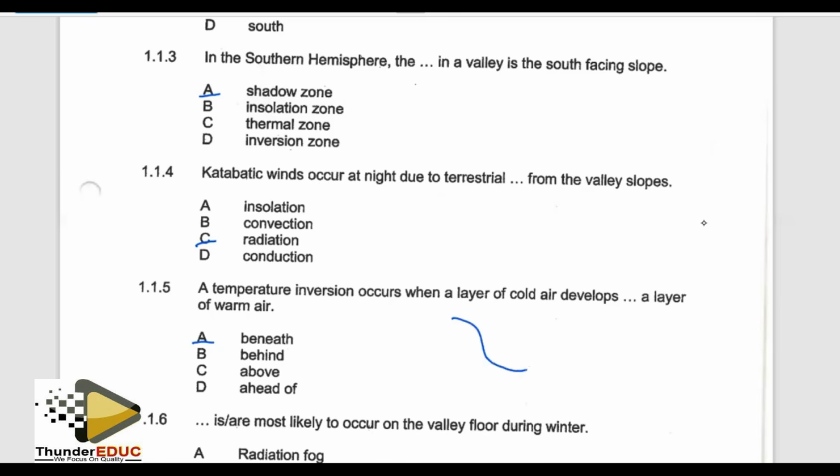Something like this. This is the cold air. Then here we have the warm air, which forms our inversion. So that's why we say cold air develops beneath the layer of warm air.